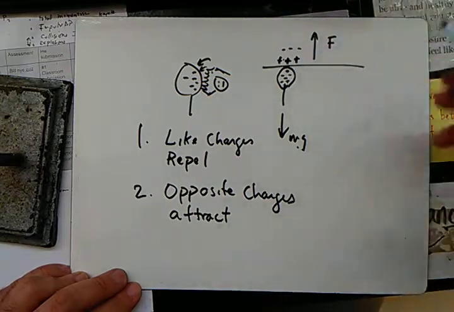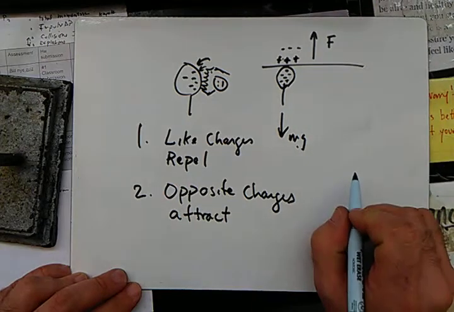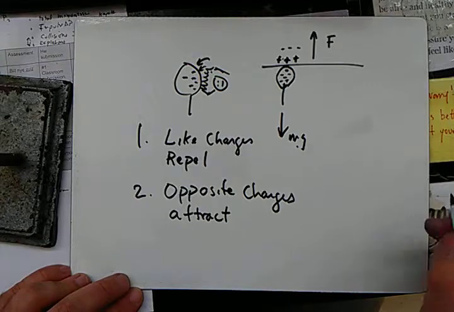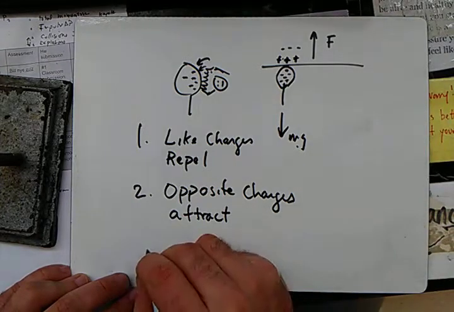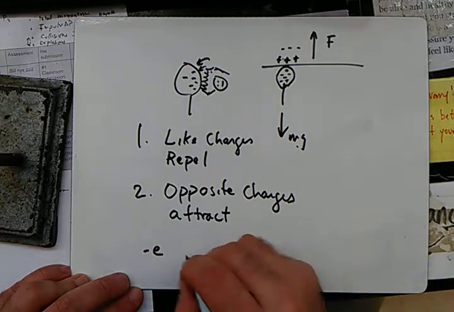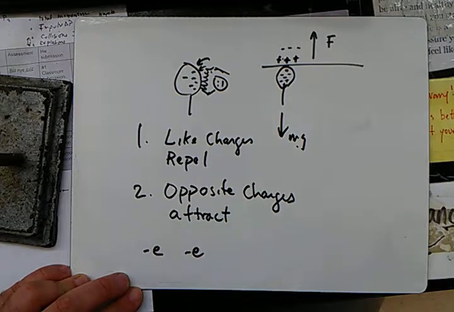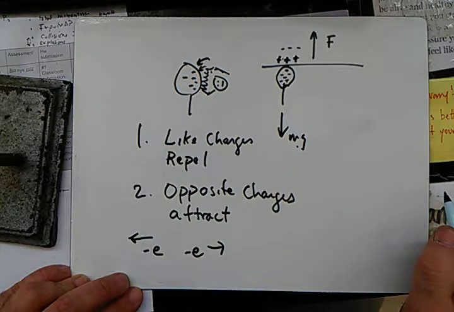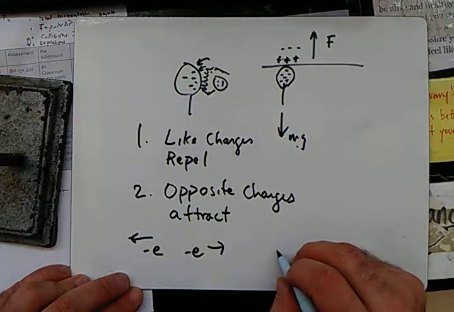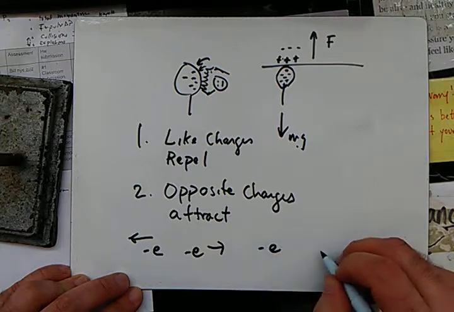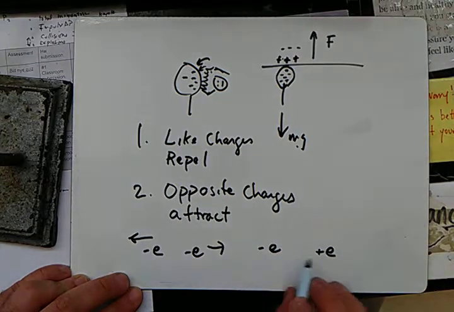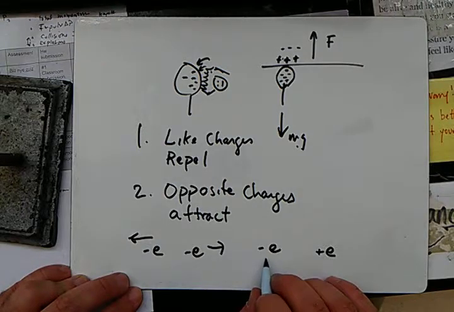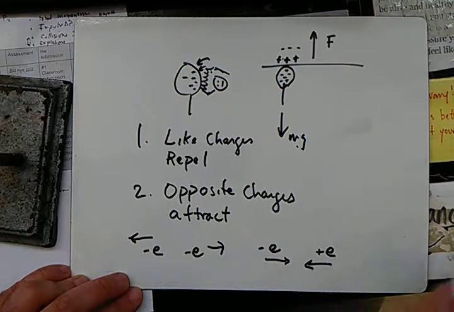Quite the opposite happens when we have negative charges close to negative charges. They actually repel each other. So if I have an electron and another electron, they are going to repel each other. If I have an electron and then a proton, this is the symbol for a proton, they are going to attract each other.